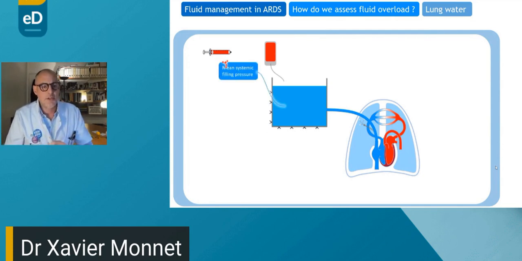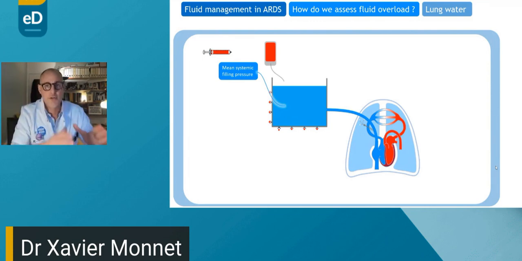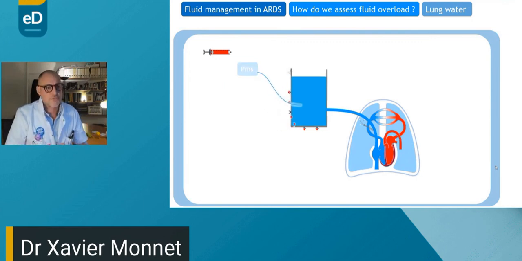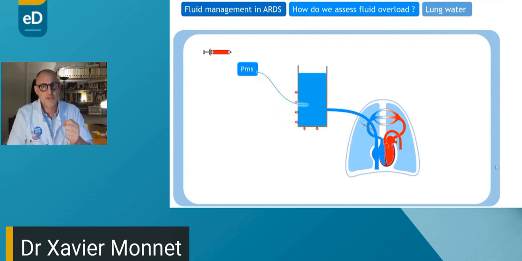And so the idea is that when we give norepinephrine to a patient, it fixes, of course, the arterial receptors, but also the venous sympathetic receptors. And this induces vasoconstriction of the veins, which may increase this volume, this stressed blood volume. This may increase the mean systemic filling pressure just as does fluid.